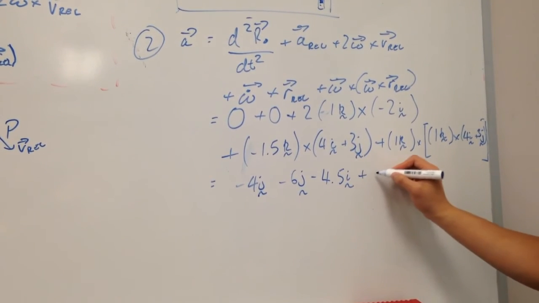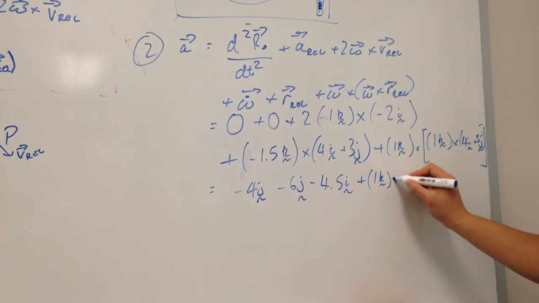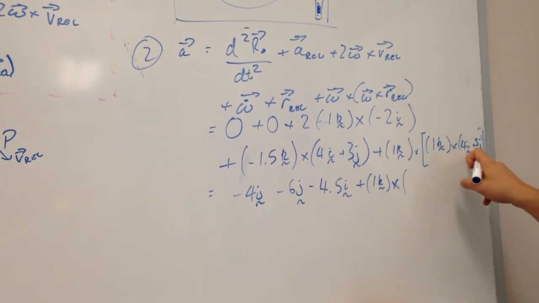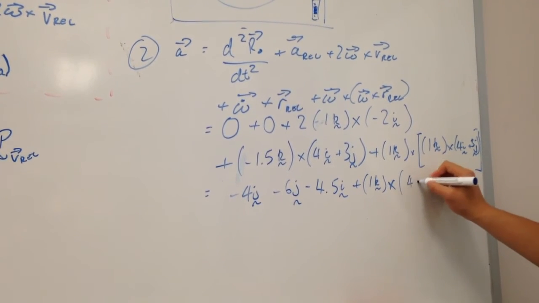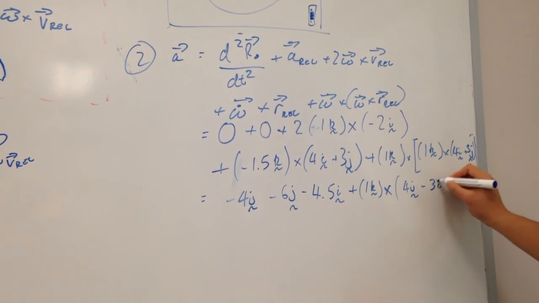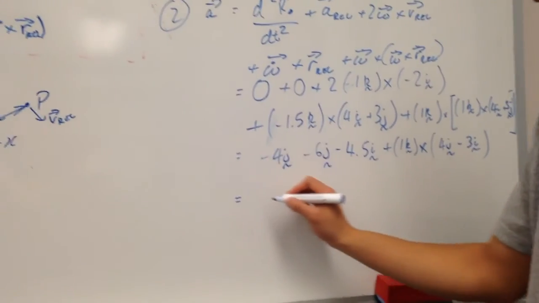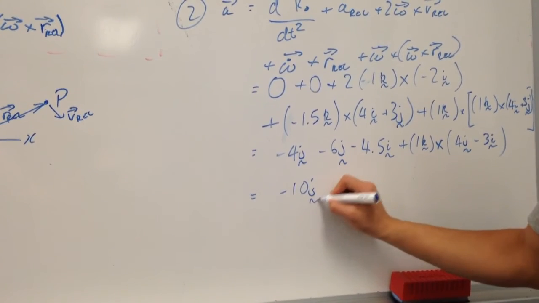And then we have 1k crossed with the cross product of these, and that's going to be k cross i is j, right. So these two make -10j, take 4.5i.